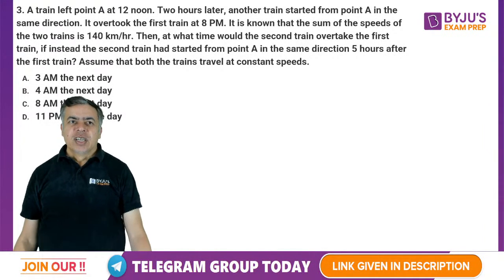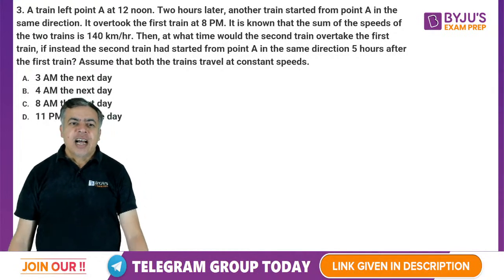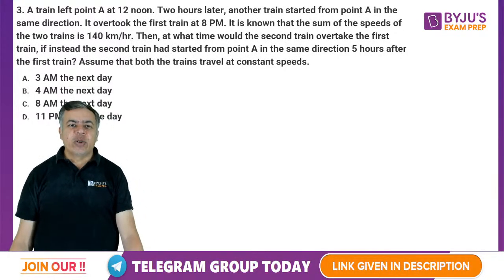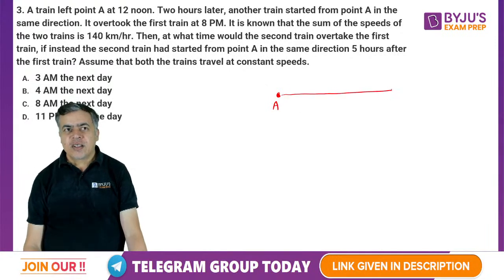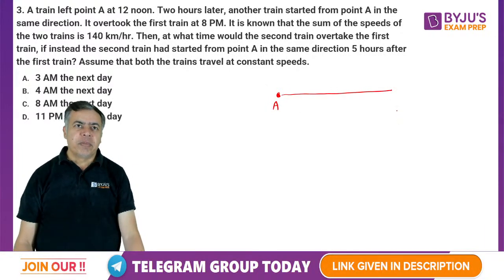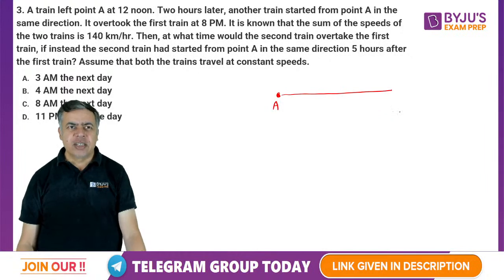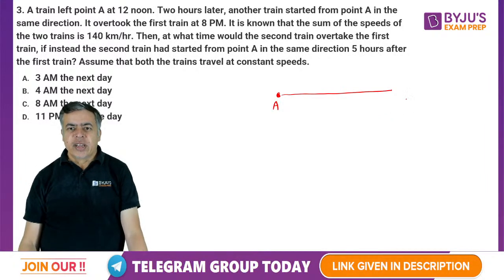So here the question is, a train left point A at 12 noon. Let's draw it. This is point A. Answer options we will see later. The first train started here at 12 noon.